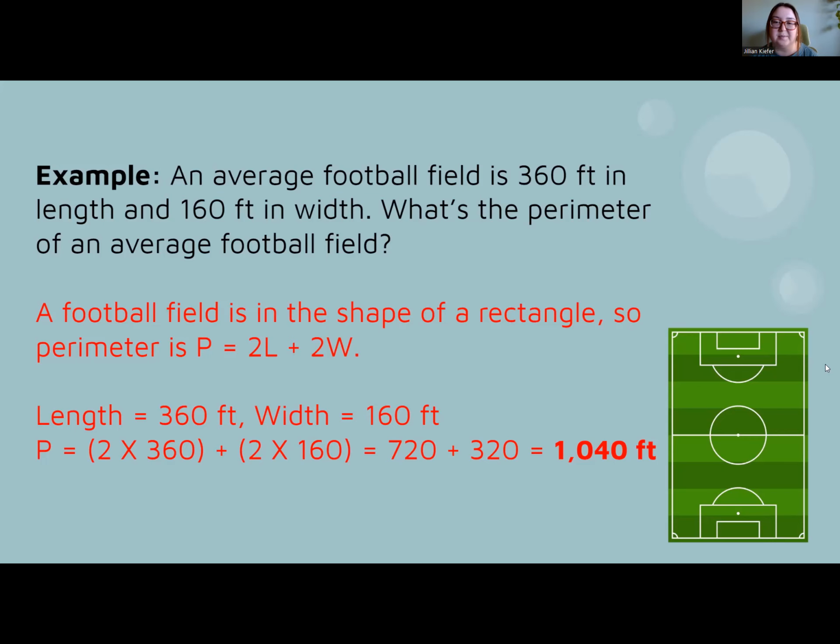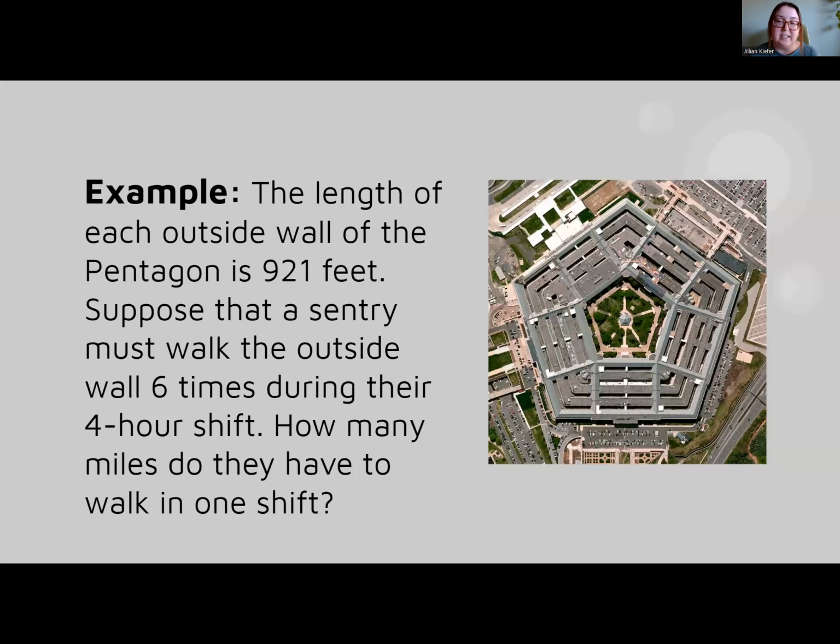So, all right. Now for our last example here, we have the length of each outside wall of the Pentagon is 921 feet. So the government building, the Pentagon, that's what we're talking about, the picture here. So we're going to suppose that a sentry must walk the outside wall 6 times during their 4-hour shift.